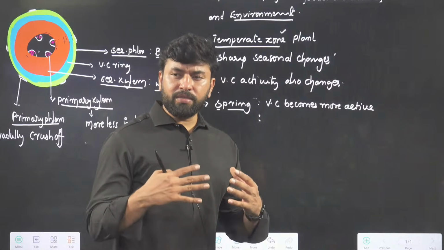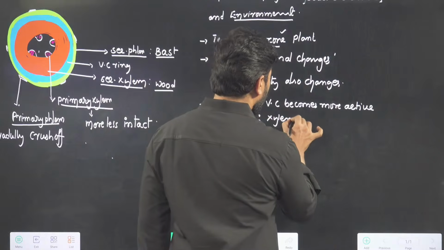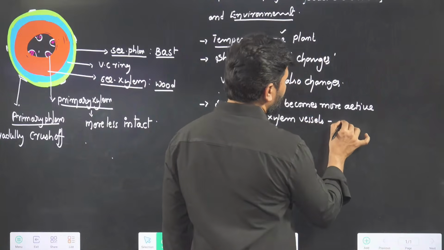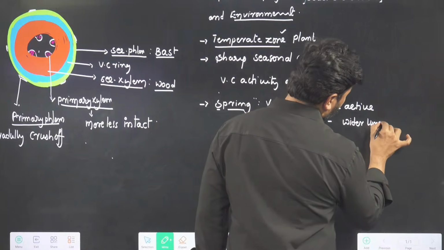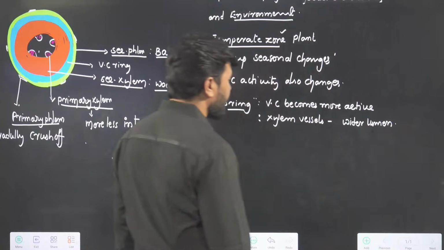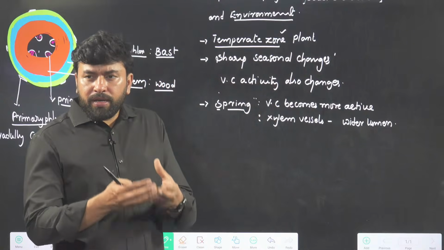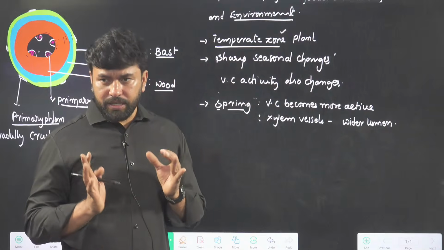As a result of this more activity, xylem elements, nothing but xylem vessels, are produced with wider lumen. If the lumen is wider, more water can be transported so that the plant can grow healthy. That's the intention.